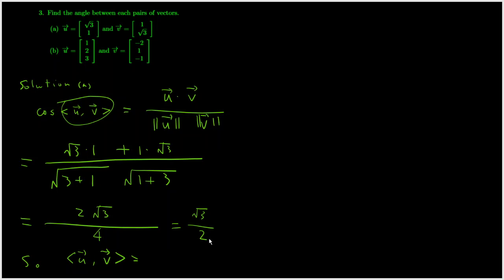Okay, 60 degrees. In this course, it's okay to use either radian or degree, it doesn't matter. Probably you are right. Sorry. Cosine. Yeah, 30 degrees is right. Sorry. I was thinking about sine. Alright, 30 degrees.